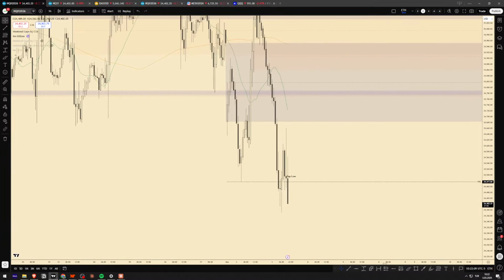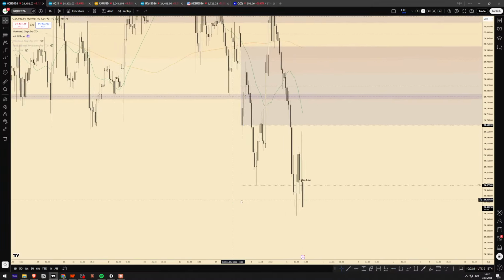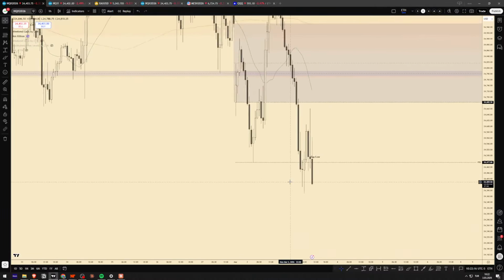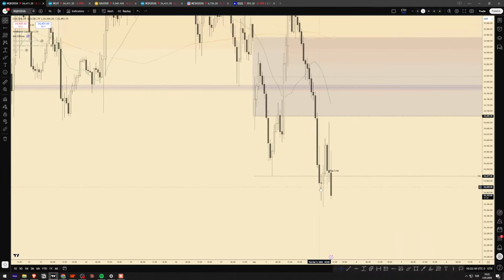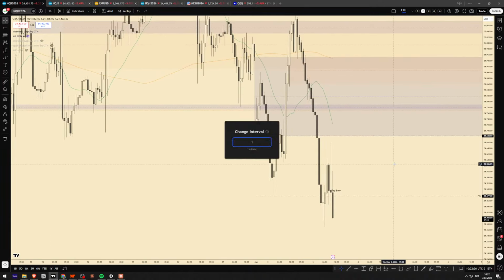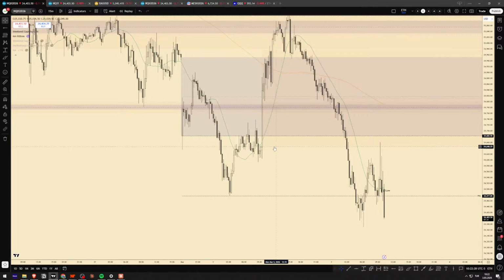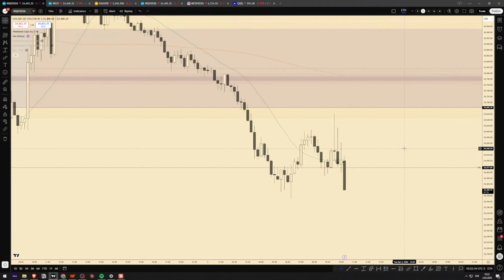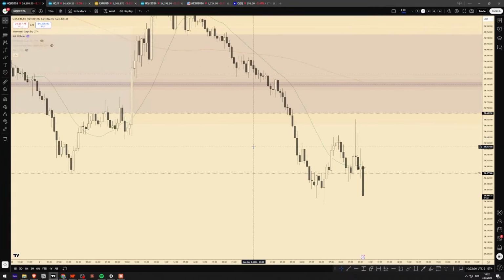I was honestly expecting this level over here when price first took out the previous day low. Price was around here turning back higher. It came close to the level, but it couldn't reach it. It just tapped this weekend gap on the RTH chart and then turned back lower in a choppy manner.